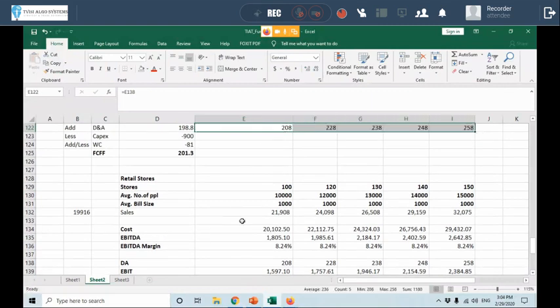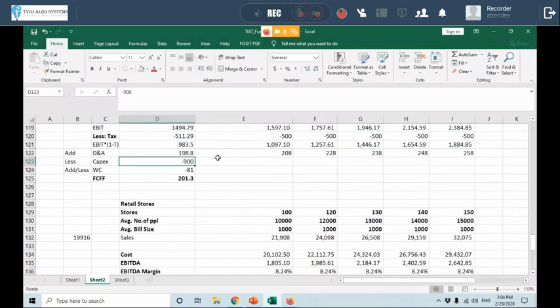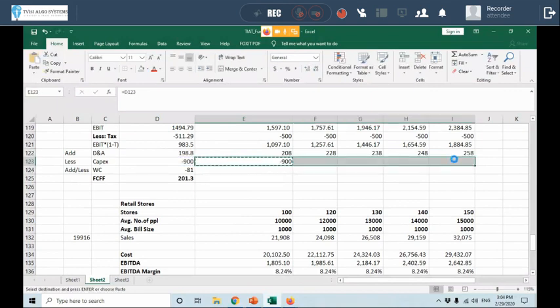What is my capex requirement? I'm just assuming this. There is no hard and fast rule. We'll keep this constant, or we can keep this increasing depending on the kind of business.